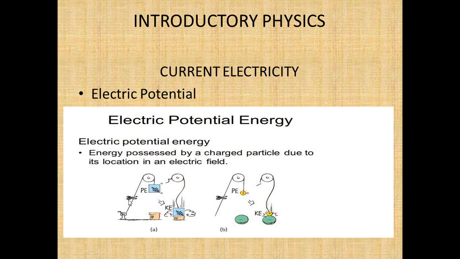If you were to cut the string, the normal thing for this object is to fall to the ground because the Earth's gravitational pull is going to pull it downwards. So the potential energy that it gained will be converted to kinetic energy once it starts to fall.